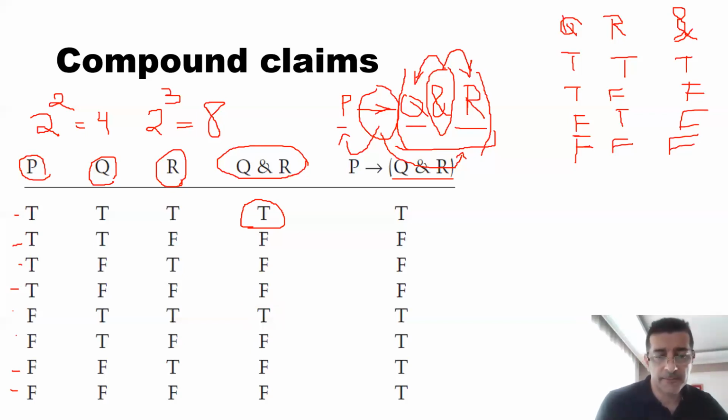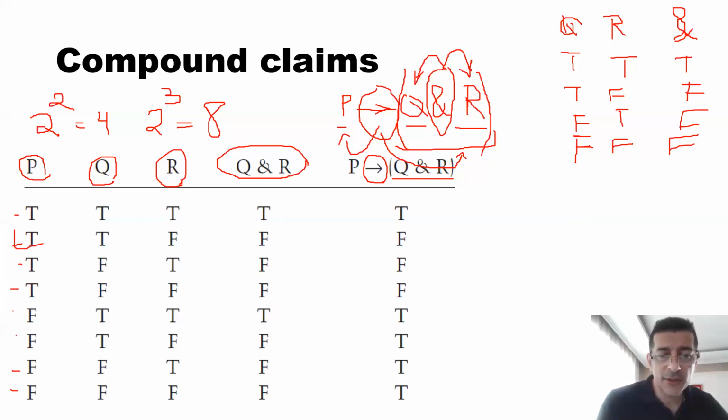Let me just clear off these things now and say, okay, we said that our condition would be false if and only if the antecedent was true, but the consequent is false.